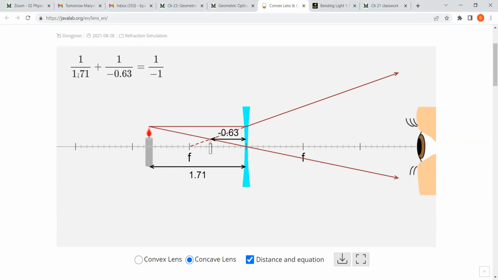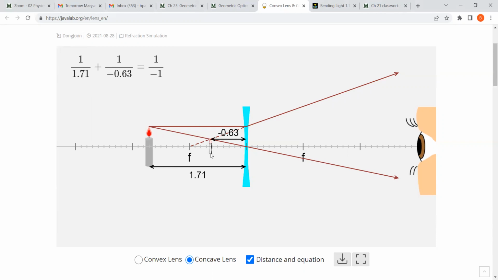There are some complicated problems which we are not going to do, but for our case almost all the time the object distance is positive. So here you see this is positive and this is the image distance. So image distance is negative if it is on the same side. I mean, if image and object are on the same side of a lens, the image distance is negative. Okay, so remember that.